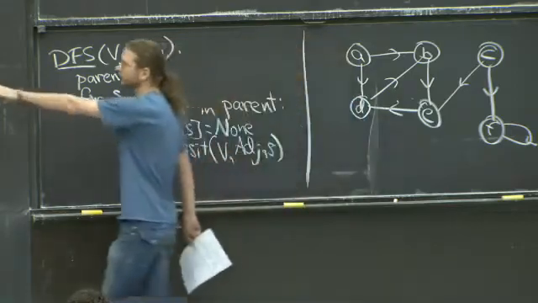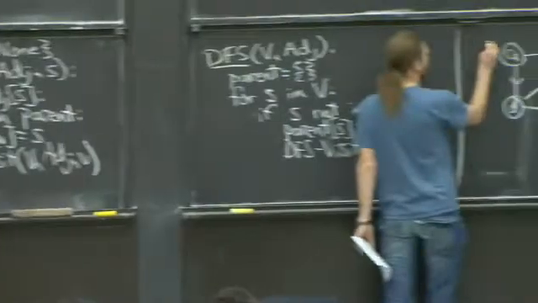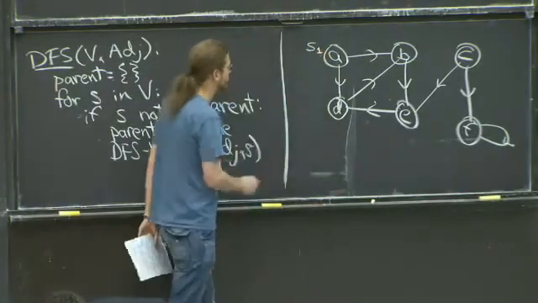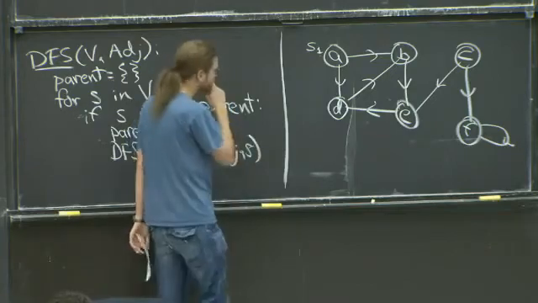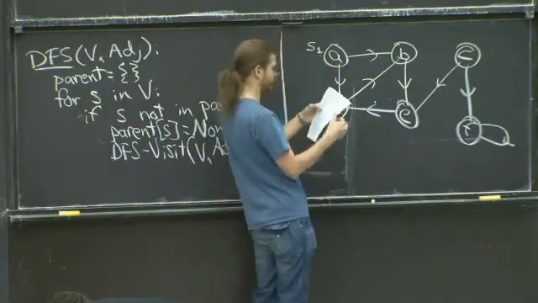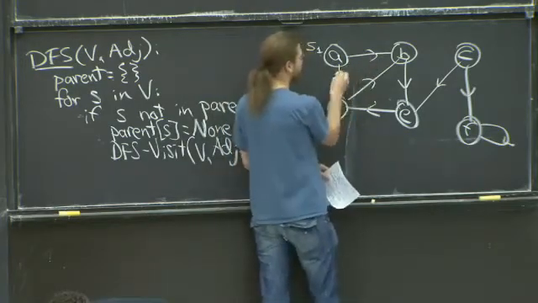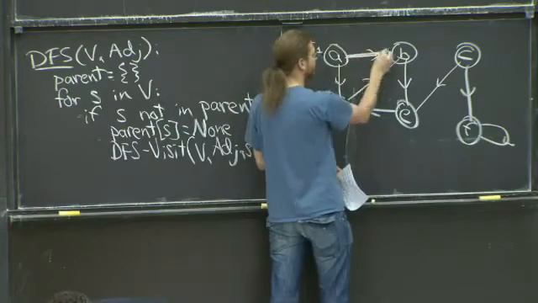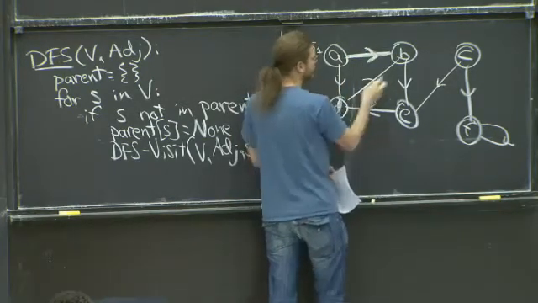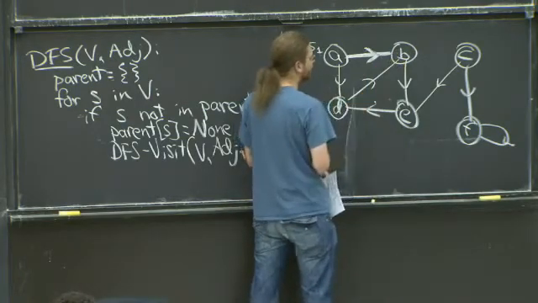So we enter here with S equals A. I'll mark this S1 to be the first value of S at this level. So we consider, I got to check the order here. There are two outgoing edges. Let's say we look at this one first. We look at B. B has not been visited yet, has no parent pointer.